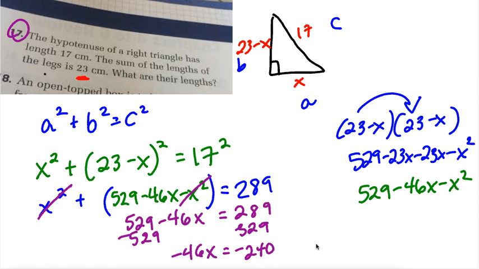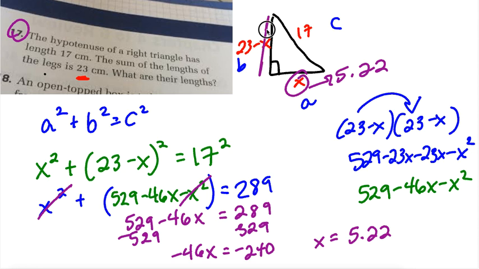Divide both sides by negative 46, leaves you with x equals 5.22. So if x is 5.22, then this side, 23 minus 5.22, has to be 17.78. And we're in centimeters.